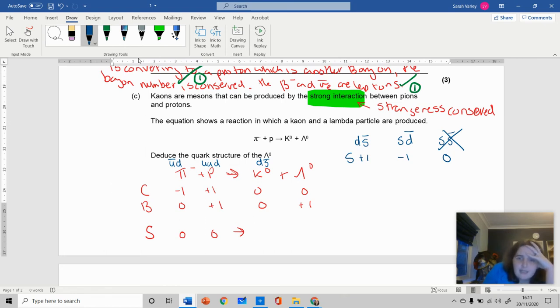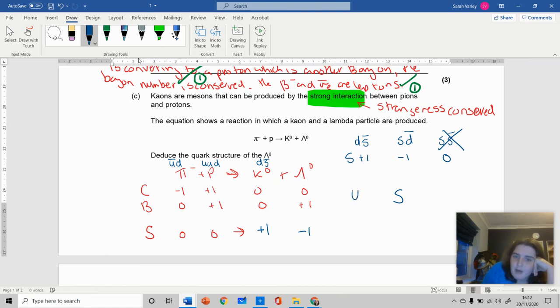So this means that the K on naught's strangeness must be +1, which means to balance strangeness, because it is a strong interaction, this must have a strangeness of 0. So I know that this baryon, so there's 3 quarks, must have a strangeness of -1, which means there must only be one strange quark, and therefore must also have a charge of 0 as well.